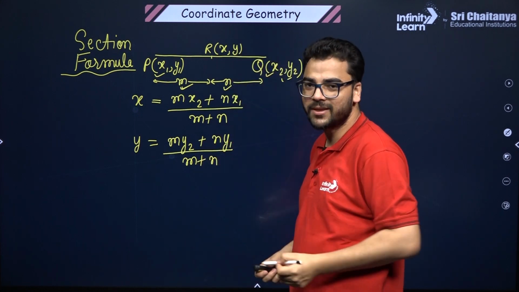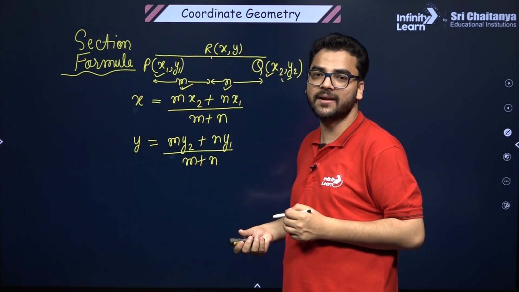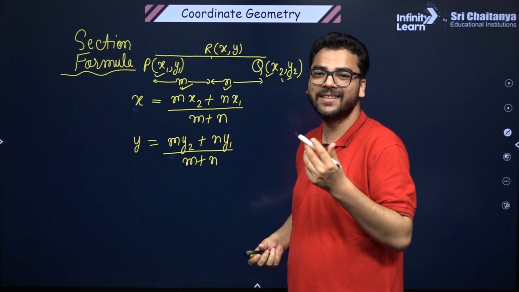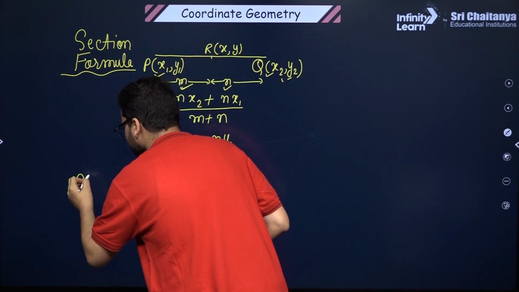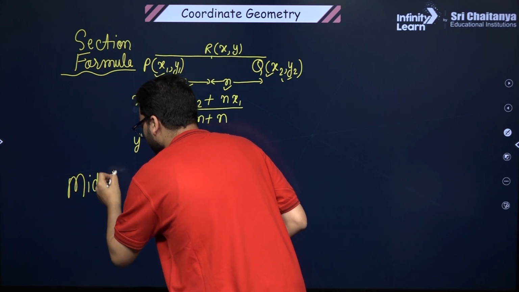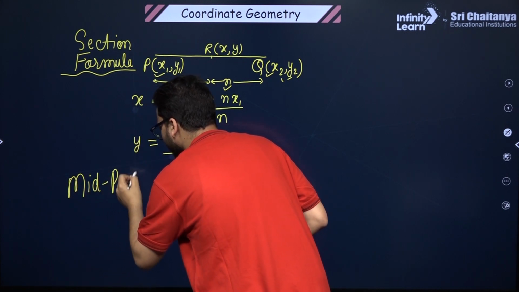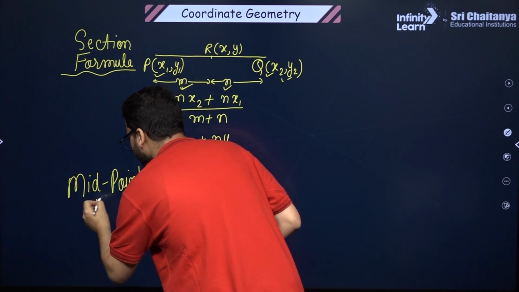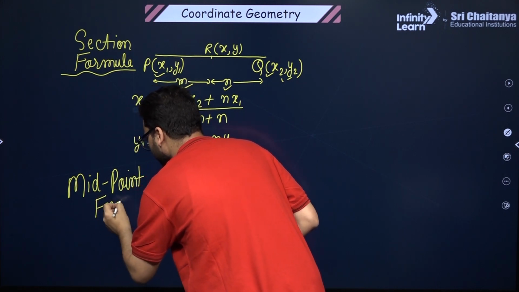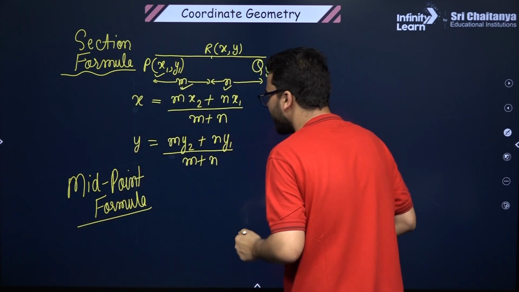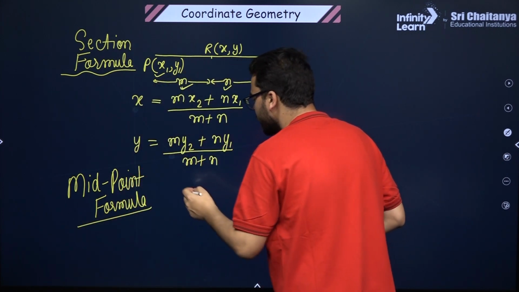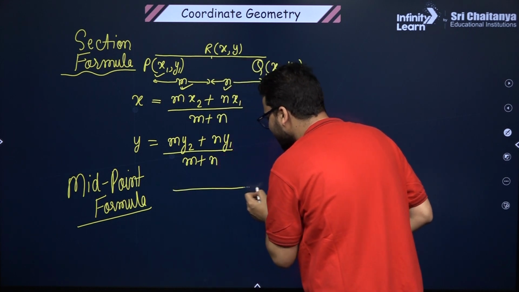Okay, now one more thing is there, you can understand it's a result of the section formula only, that is the midpoint formula, which is very helpful many a times. This is the midpoint formula. So this formula is used to find the midpoint of a line segment.